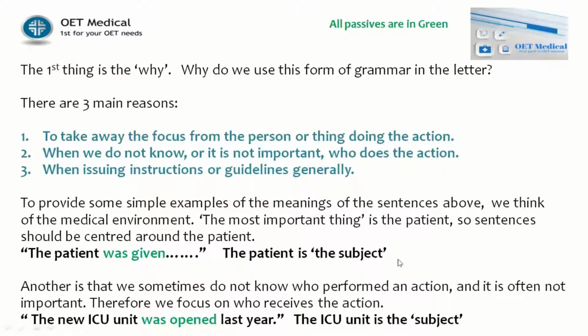The patient is the subject, so the focus is on the patient. Another one is that we sometimes do not know who performed an action, and it is often not important. So therefore, we focus on who receives the action. The new ICU unit was opened last year. The ICU unit is the subject.